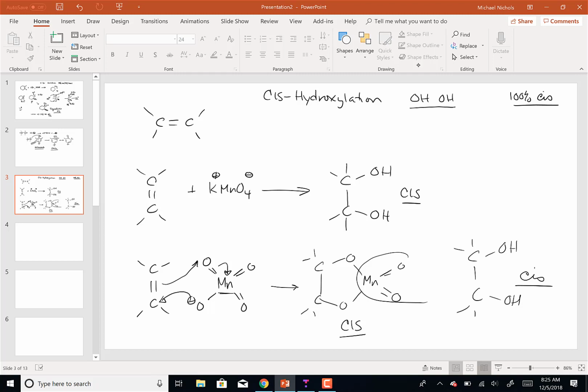Now, the problem here, it's a small problem because potassium permanganate's dirt cheap. But you have to use it in a 1-to-1 mole ratio. In other words, it takes a mole of KMnO4 per alkene. There is another reagent that reacts exactly the same.